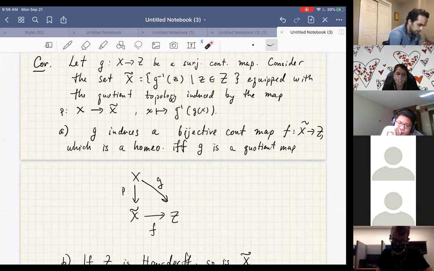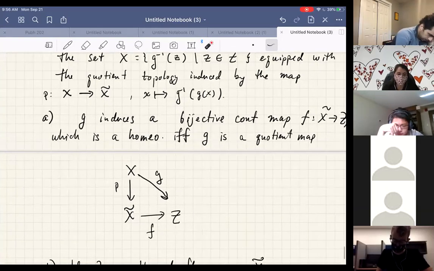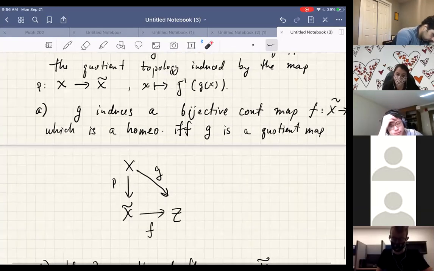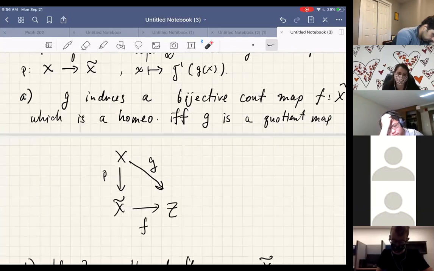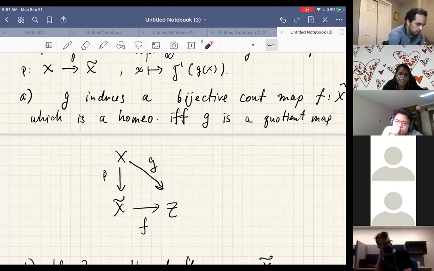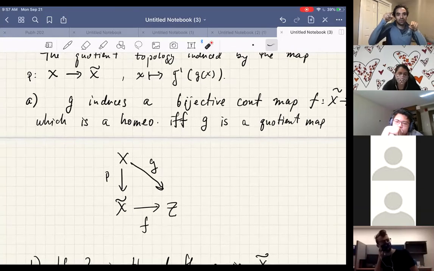I'm just saying this map F takes these equivalence classes in X tilde to the representatives in Z. To a specific representative, not quite, because if you have two representatives, then that would not be well defined, right?